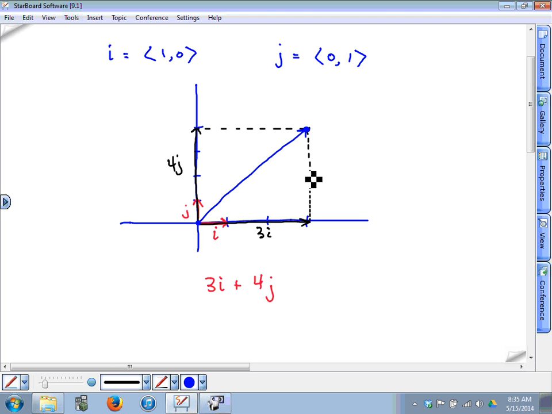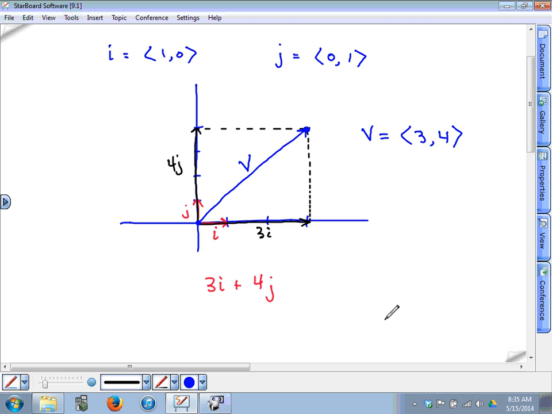Now, this vector right here, would you guys agree with me? Let's give it a name. Let's call this vector v. Would you guys agree with me that vector v could be written this way? Yes or no? What do you think? Could vector v be written that way? 3, 4? Don't you go over 3 and up 4?